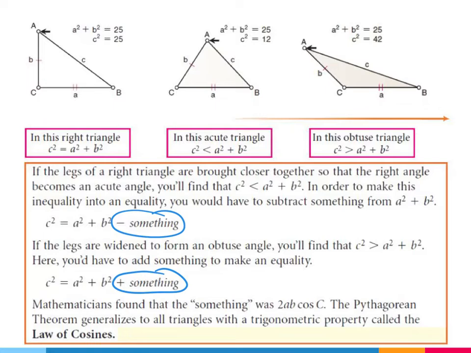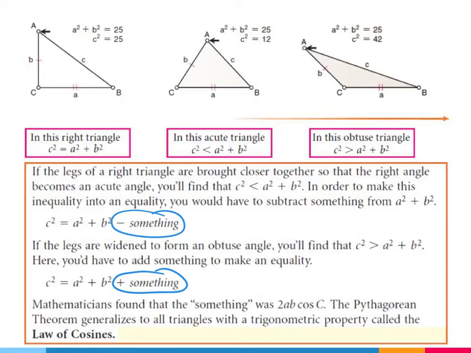They figured out that that something was actually 2 times ab times the cosine of C. And what they did is they generalized this for every triangle. And they figured out the law of cosines. And that is a trigonometric property that we will be using for all triangles.